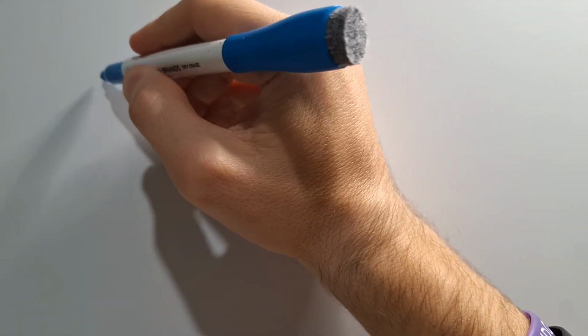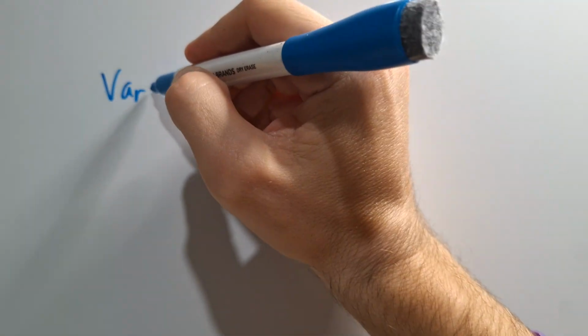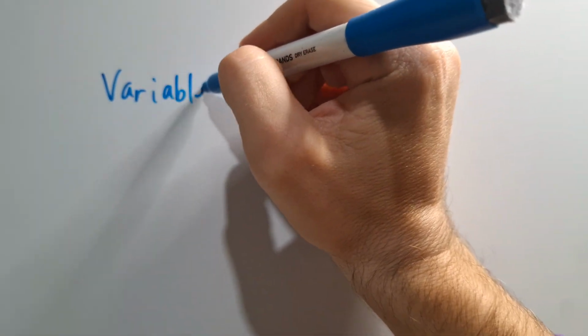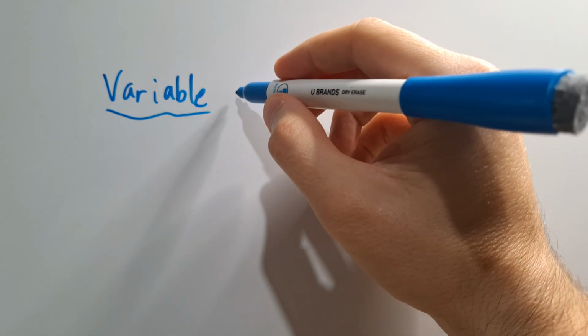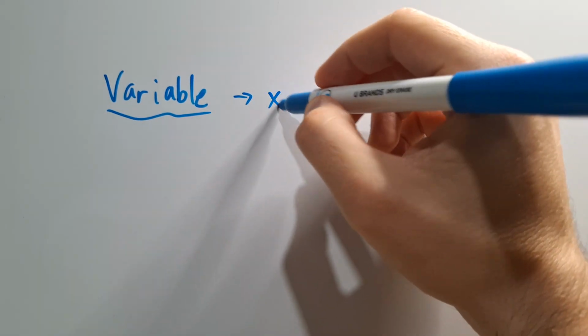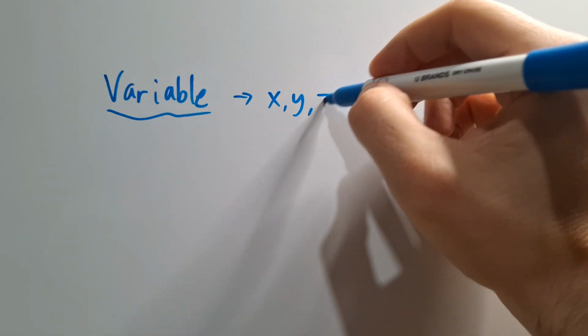So the first of these terms I'm going to talk about is variable. A variable is defined as a symbol or a letter that is used to represent an unknown number. A variable example could be x, y, z.